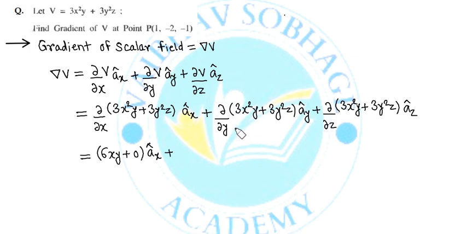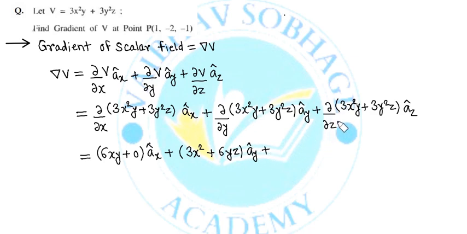Now differentiation with respect to y. It will leave this 3x square as a constant, and differentiation of y with respect to y is equal to 1. Now differentiation of your second term with respect to y will be what? y square will give 2y, and this 2y into 3 will be 6y, z along the ay direction.